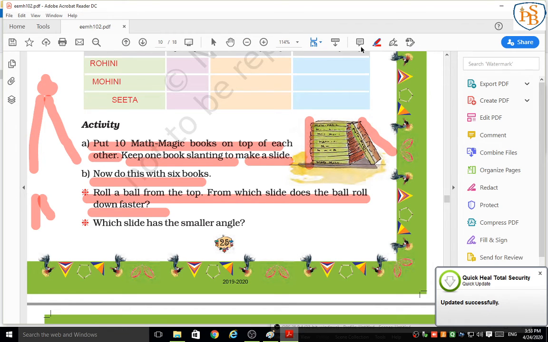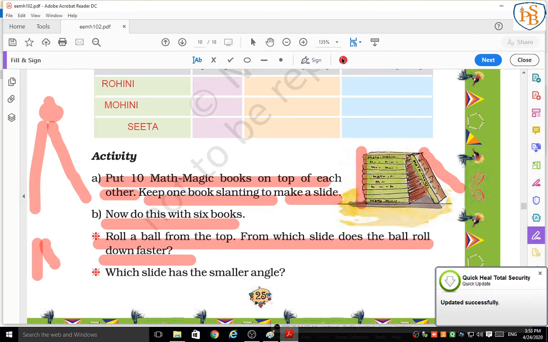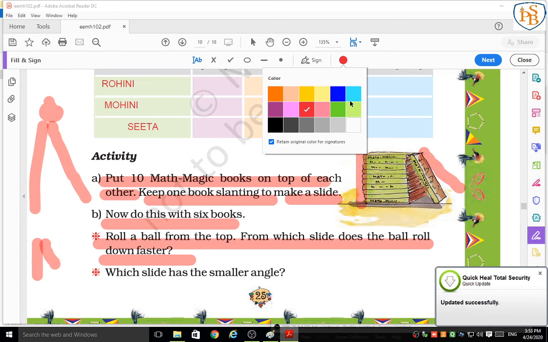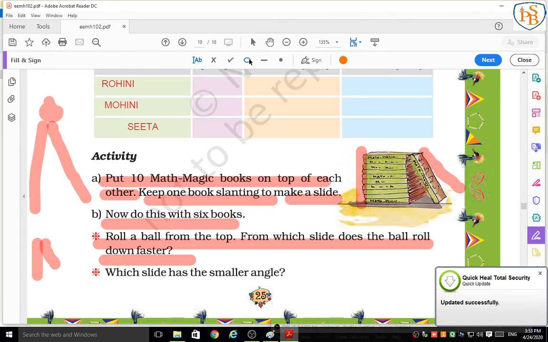Now you have to roll a ball from the top. We will take an orange color ball supposed to be here. You have to just roll a ball from the top, from 10 books, and again from 6 books.